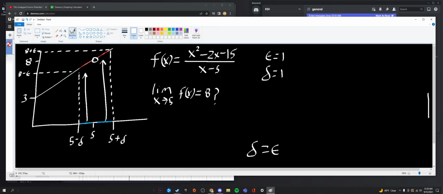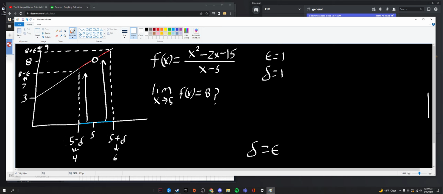So instead of 5 plus delta and 5 minus delta, we replace that with 1. That would be 5 minus 1, which is 4, and 5 plus 1, 6. Simultaneously, 8 minus epsilon, if epsilon is equal to 1, is just 7. And this is just 9.